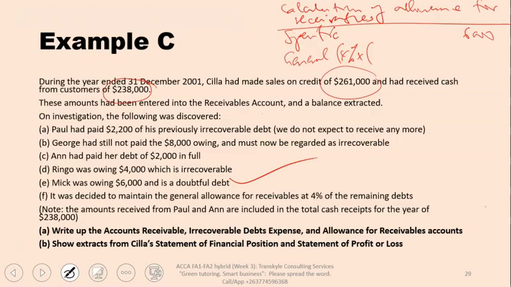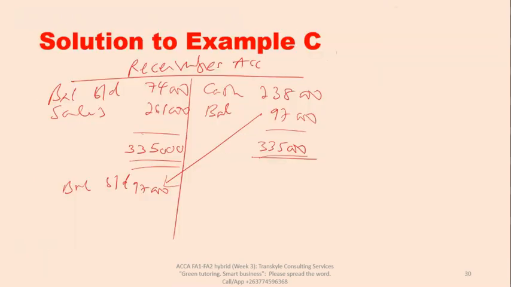Then we are told now that along the way, Paul had paid 2,200 of his previously irrecoverable debt. So some debt which was considered irrecoverable was recovered now. So irrecoverable was recovered, 2,200.